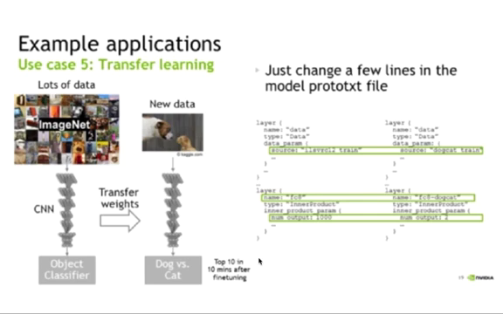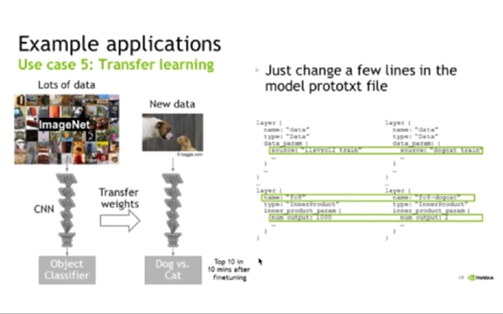So the main thing we are talking about is transfer learning, which is basically training the model on a large data set. In this case we ran our learning model on the CIFAR-10 data set.